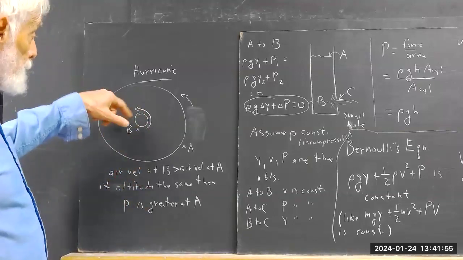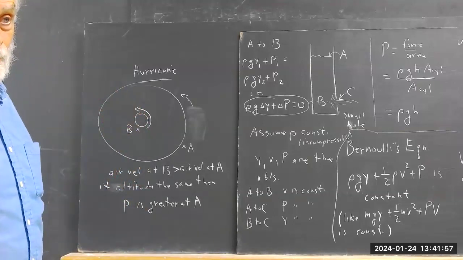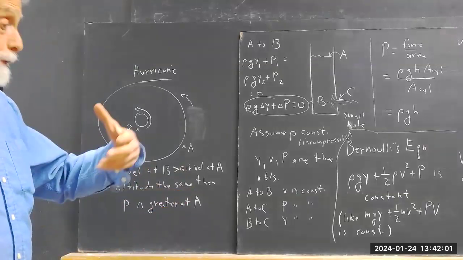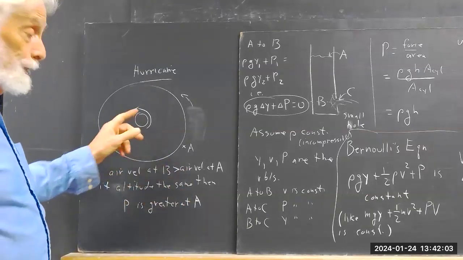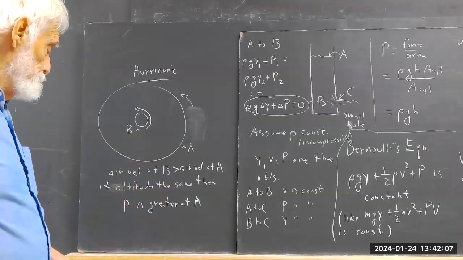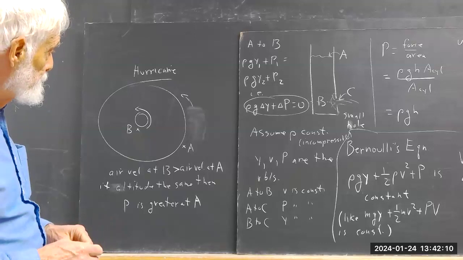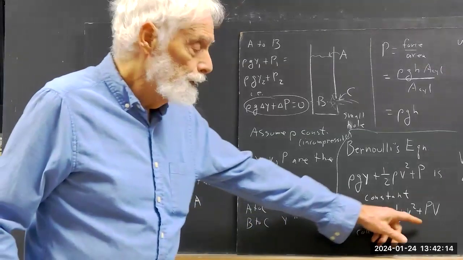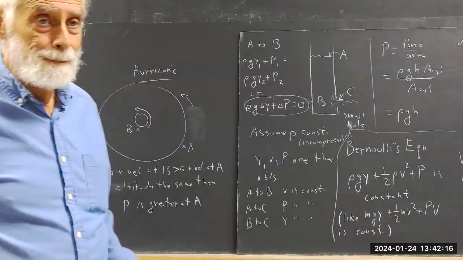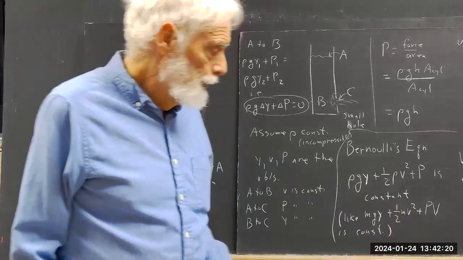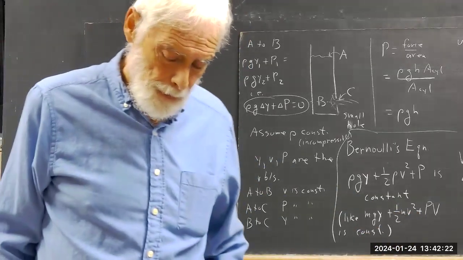Or if you know the air velocity, it predicts your pressure. Okay? So the bad hurricanes have really low pressures. That makes sense. And it's all conservation of energy. I'm not going to talk about the PV thing right now, but I might talk about it a little bit in lab.